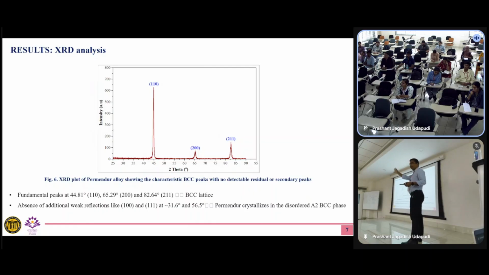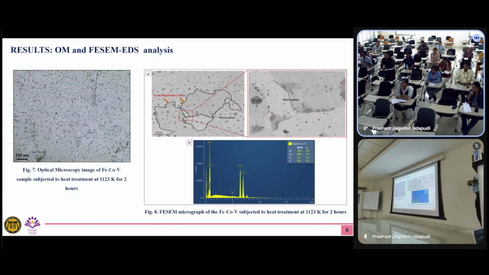It will be populated with so many other peaks. Okay, so we got the crystal structure right just by mixing the powder and using the LENS, right? Now let's see. This is an optical microscope. This is also an optical microscope.